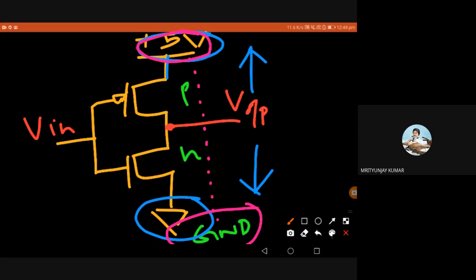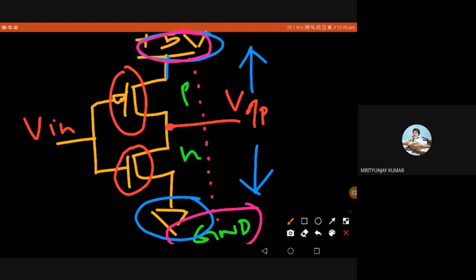Another point you should remember is that we are using MOSFET and not BJT, because BJT is a current control device and MOSFET is a voltage control device. Just understand this for the time being; we'll discuss it more later. You can see in the MOSFET structure there is no connection between the gate and the other terminals.